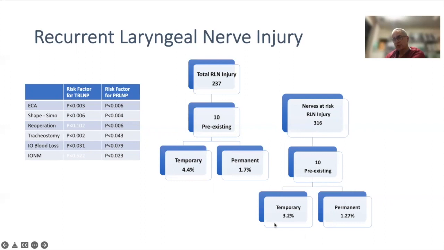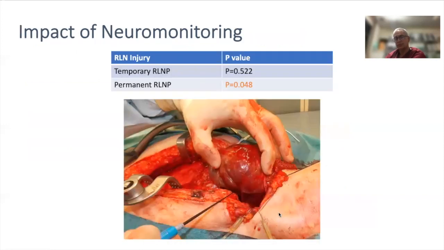However, the risk of injury in general, if you do things properly, is not going to be that big. There's going to be a permanent rate, which is probably bigger than with a small thyroid, which should be less than 1%. But you will have a number of cases where, because of the sheer volume of the goiter and because of the manipulation, the nerve gets tracked, and then you will have a temporary rate of recurrent laryngeal nerve palsy.